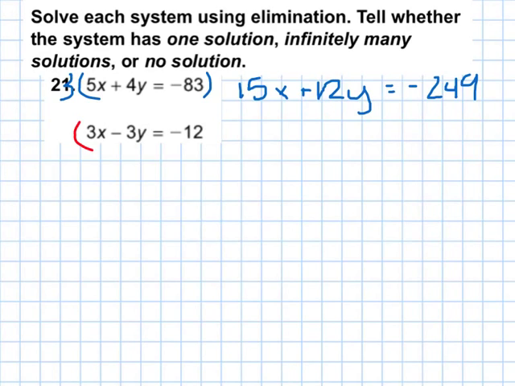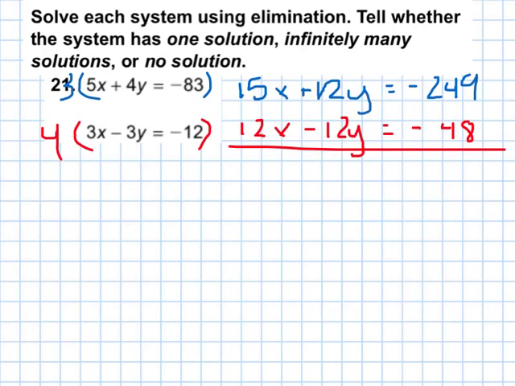Now, here we'll multiply by 4. This is 12x. 4 times negative 3 is negative 12y equals negative 48. Here we add it up, and we will get 15x plus 12x is 27x.